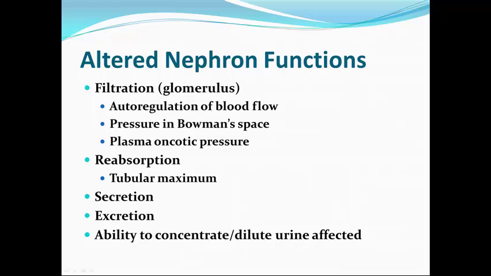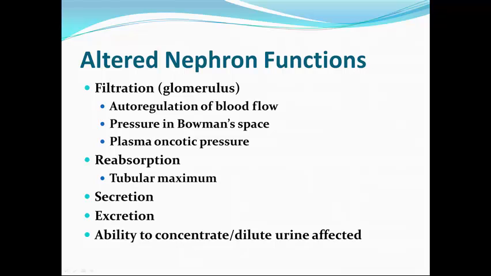And we also know that if you constrict that afferent arteriole, you will have increased resistance to blood flow. So what's very important when we think about physiology and therefore pathophysiology of the glomerular function is that we have to think about autoregulation of blood flow.